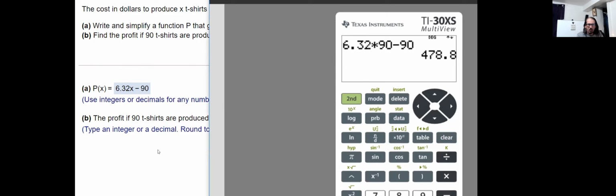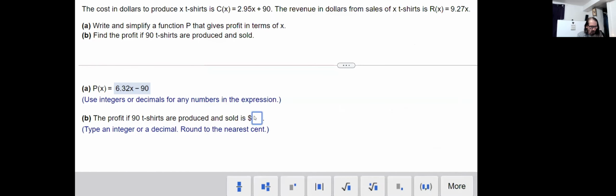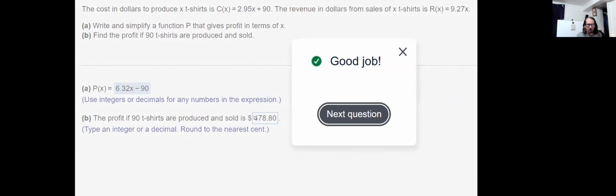Remember, that's a dollar amount, so we should be typing that as 478.80. And MyLab has already put in the dollar sign for us. I'm pretty sure that if we left off the 0 after the 8, it would mark it wrong. I could be incorrect about that, but I doubt it.